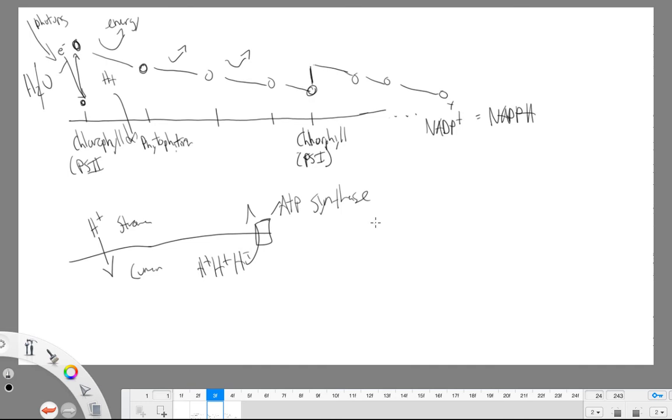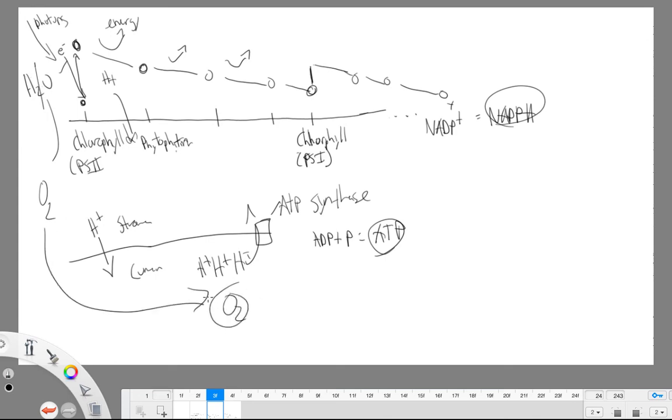And it creates all of those ATP, right? It combines the ADP with a phosphate group to create ATP. Right, so at the end of this, we have NADPH, we have ATP, and then we have all this oxygen that is the byproduct from the splitting up of this water. We have O2 as our three main products. So that is the light reaction.